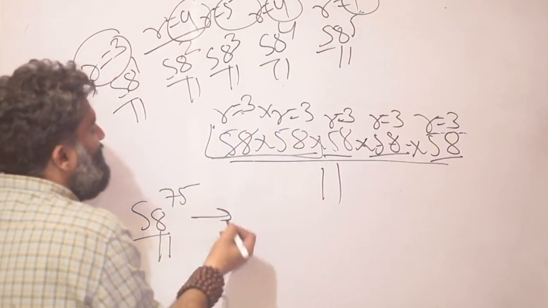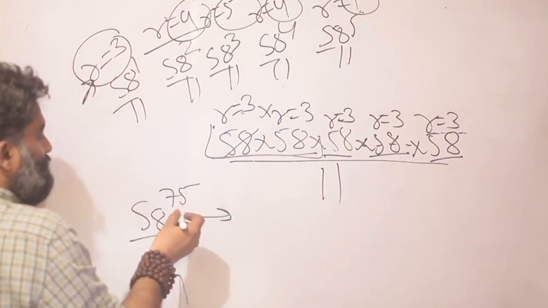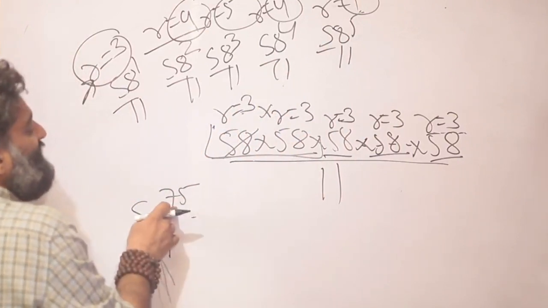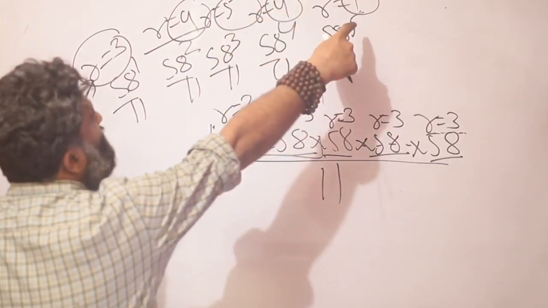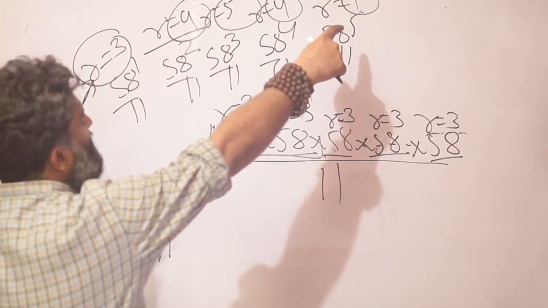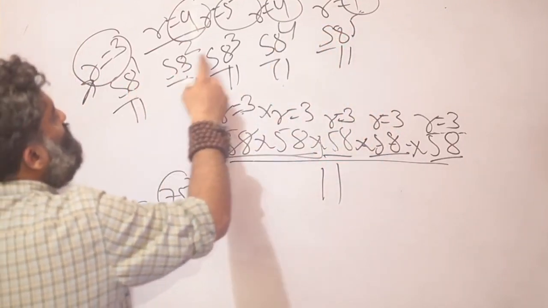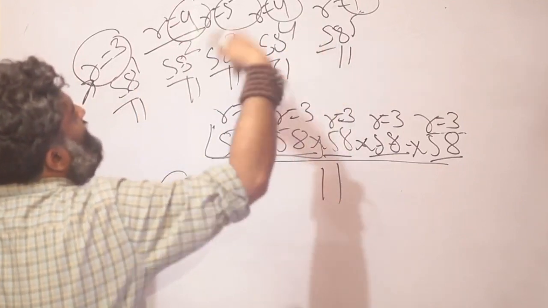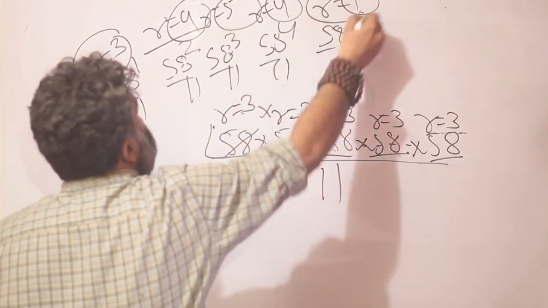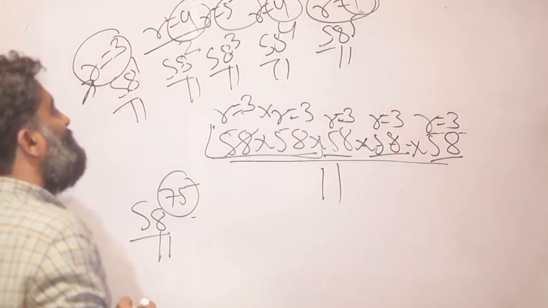So this 58 raised to 75, this 75 is going to fall on the fifth term of the cycle because it is a multiple of 5. You will count 1, 2, 3, up to 15. 75 will end up here, so you will get a remainder of 1, right?